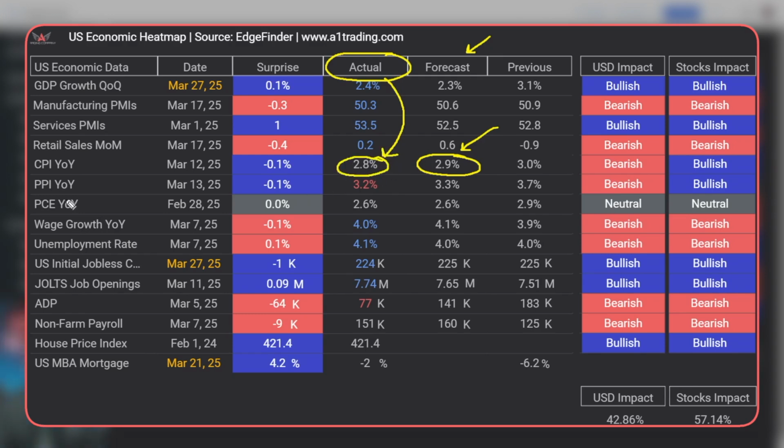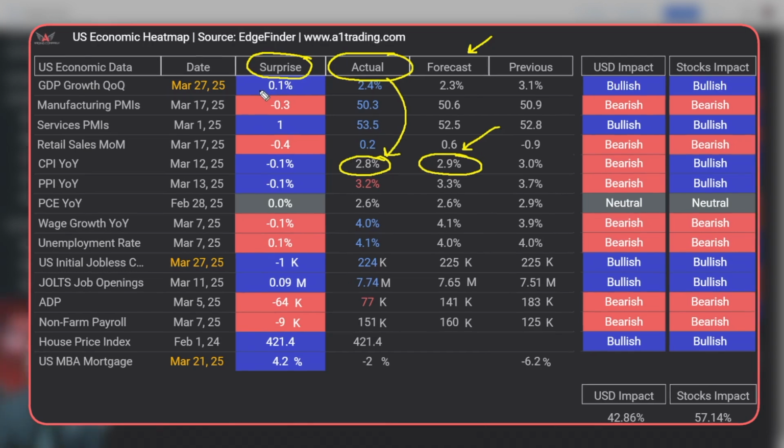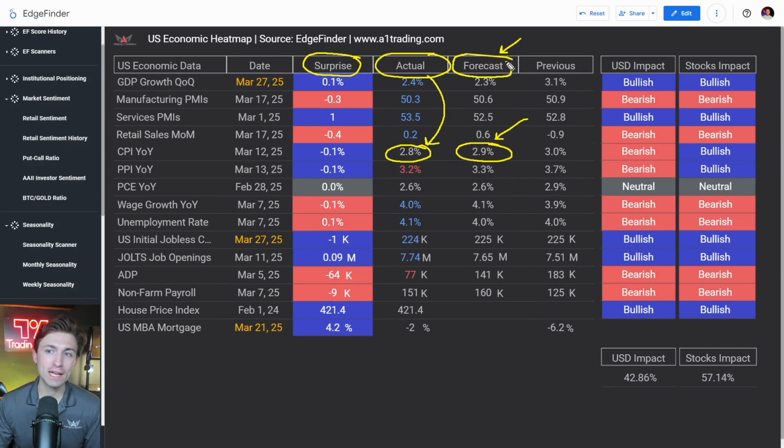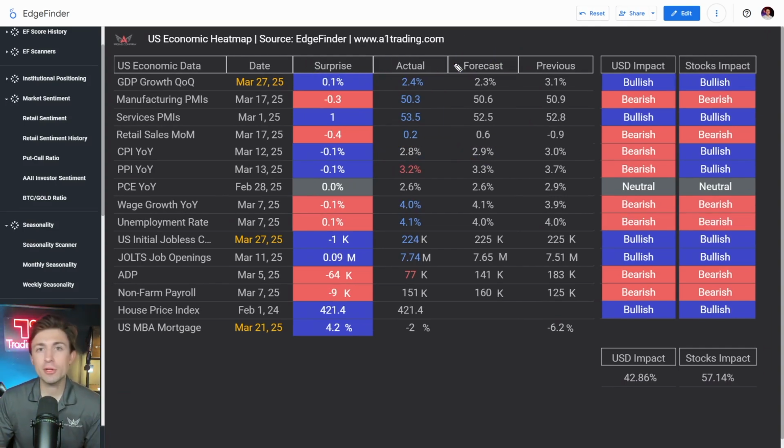Now, the reason this is so important is because the market trades based off of surprises. So we have this column to show you the surprise between the expected value and what actually shows up. Again, forecast relative to actual. Some other terminology you'll hear for forecast is consensus, but we just use forecast, right? Forecast, consensus, it's basically what people are expecting versus what actually comes out in the data.